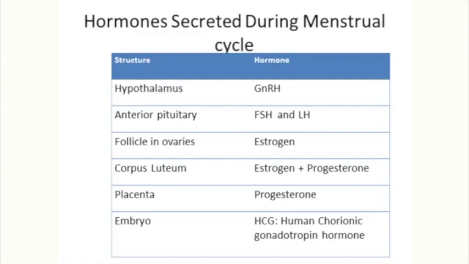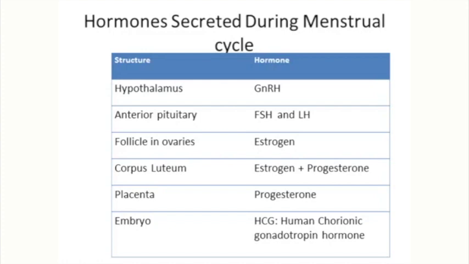These gonadotropin hormones will affect or control the gonads, the ovaries. And GnRH, as the name indicates, is a gonadotropin releasing hormone. So this hormone controls the release of the gonadotropin hormones, which are FSH and LH.